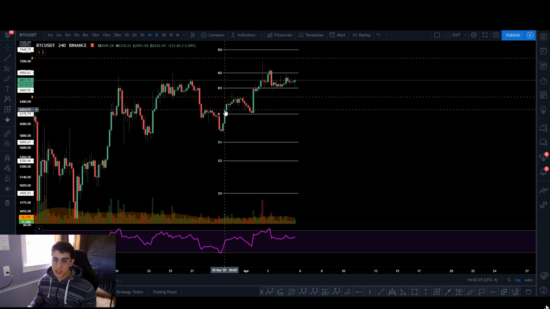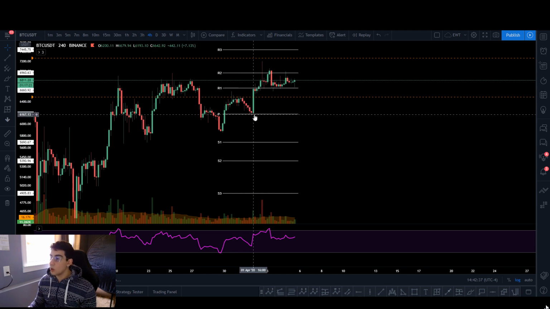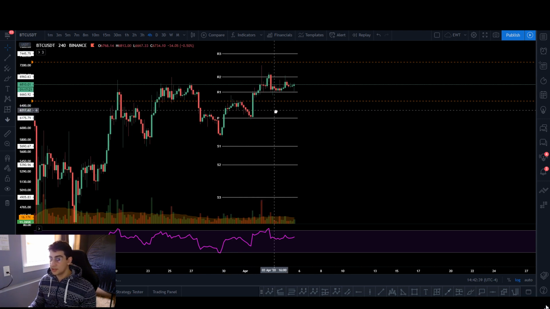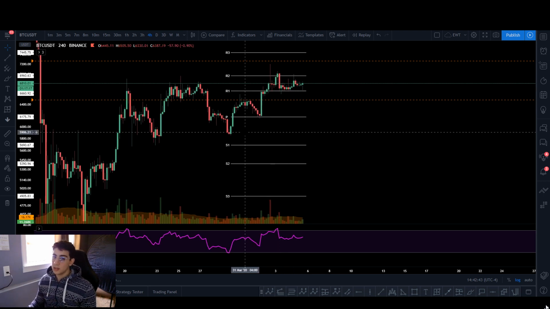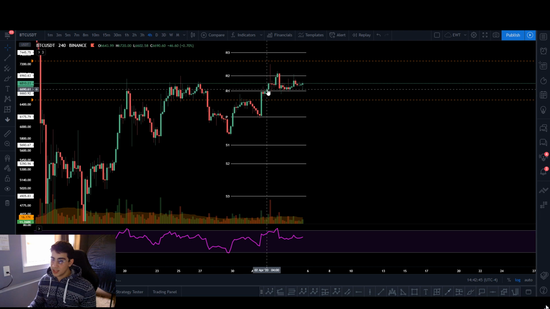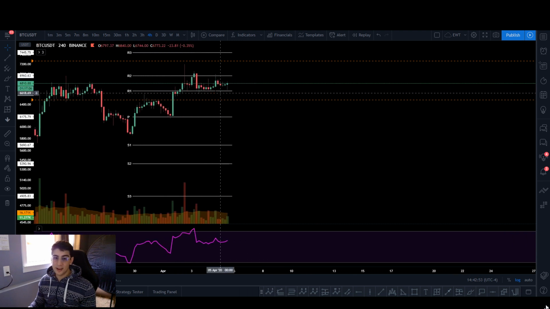So this pretty much generated on the 20th over here. What happens is it breaks through, it sells off, but guess what? It holds the pivot, which is interesting, because from a pivot, as you guys know, it can go up or down. But once you see this breakout, you start saying, okay, we're hitting this resistance. It sells off, goes up to R2, and then it bounces back off of R1.